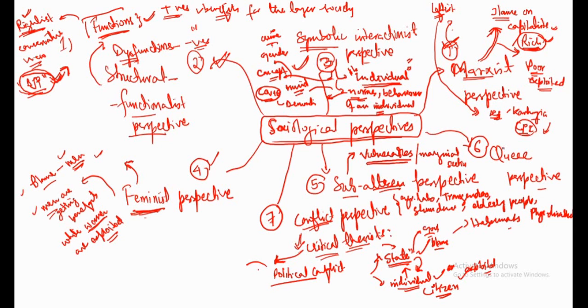Queer is also a part of subaltern perspective. Here our focus is transgender people, the queer themselves, then we have intersex and these marginal classes. Here the main issue is gender.